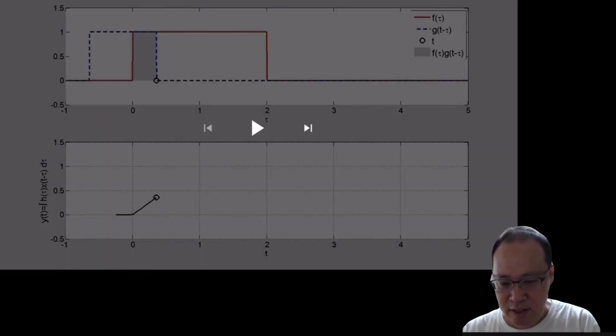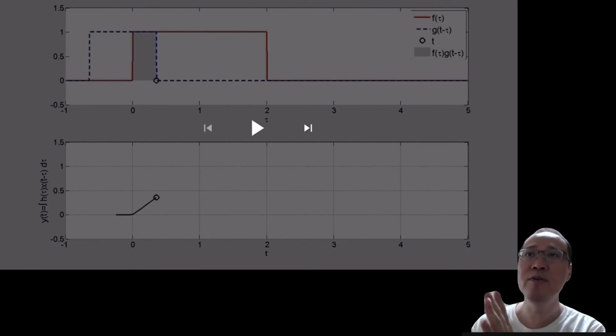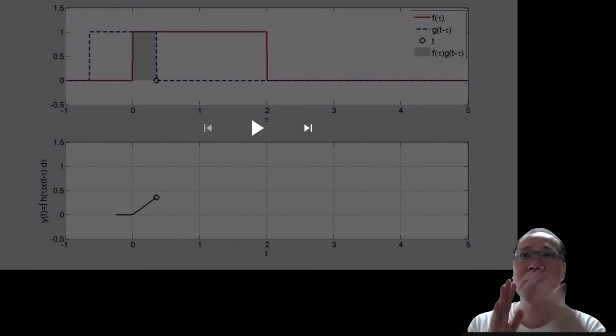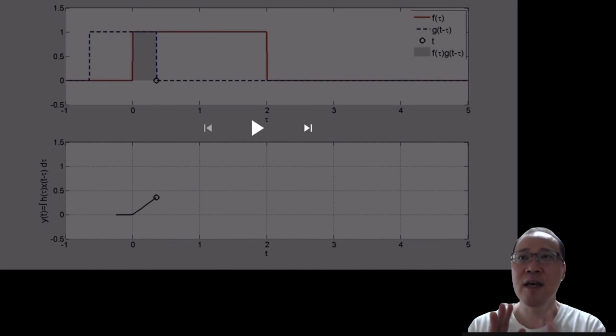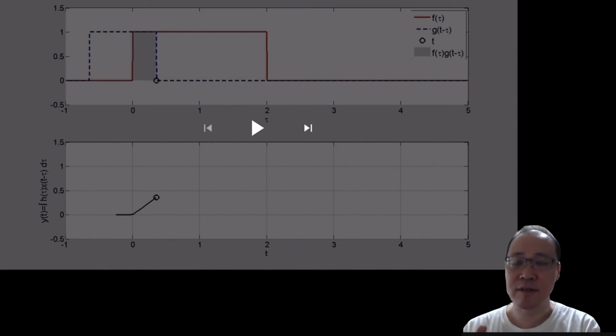What it does is that we do the right shift of the dotted blue rectangle, and then we have some overlapped area, and that is coming from the multiplication between the red guys and the dotted blue guys, and compute the area, and that's the value of y(t) here in this case.